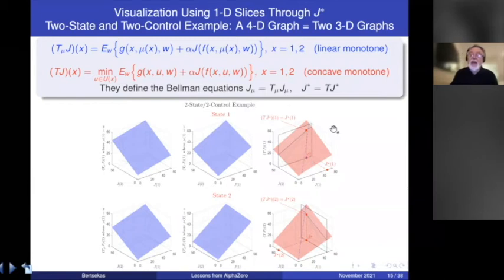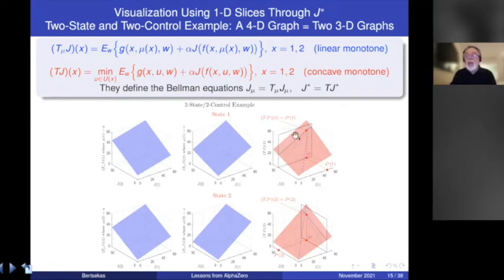And I want to focus attention on the fact that we can consider one-dimensional slices that go through J star, and you can see this slice here. By using one-dimensional slices, we're able to visualize this operator on a piece of paper and deal with a high dimensionality.